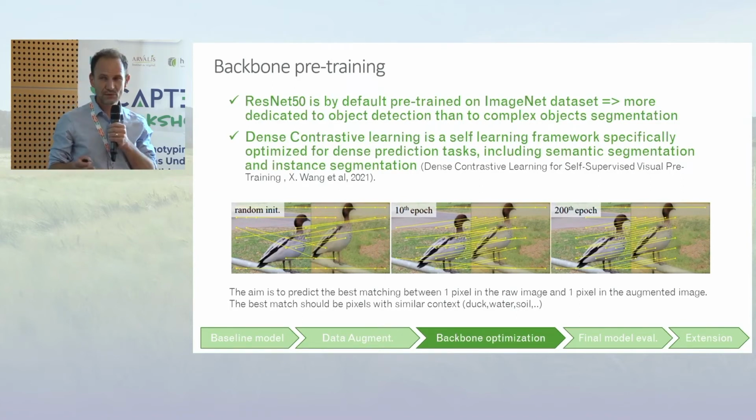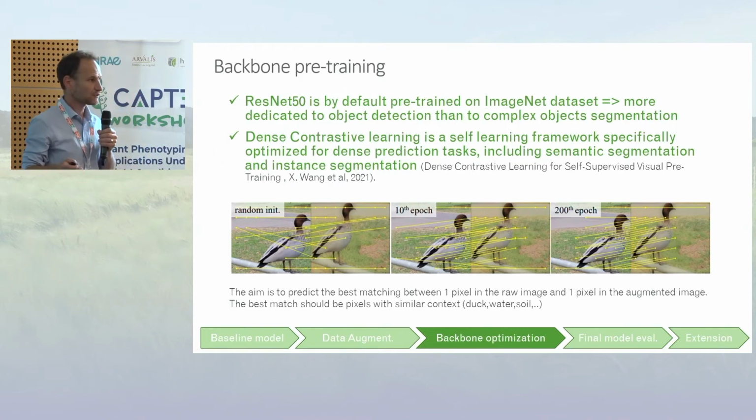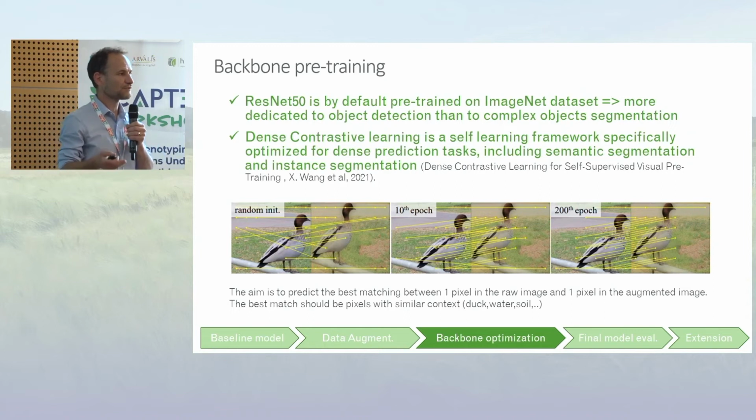The backbone was, by default, the ResNet 50, which has been pre-trained on a data set that is very generic, that is ImageNet, where you have boats and cars and ducks, etc. So very different from the kind of images that we will really have in hand, that is vegetation and only vegetation.